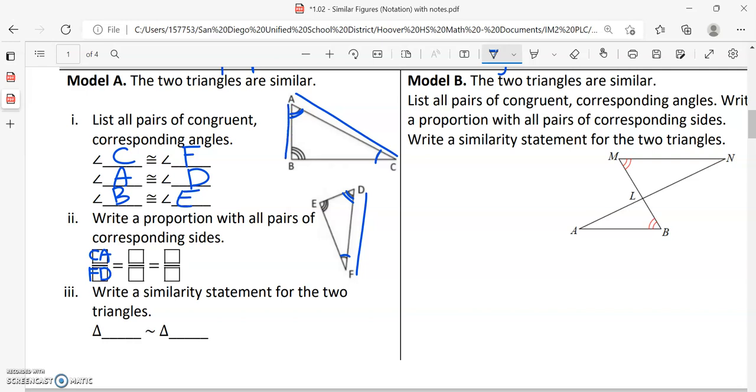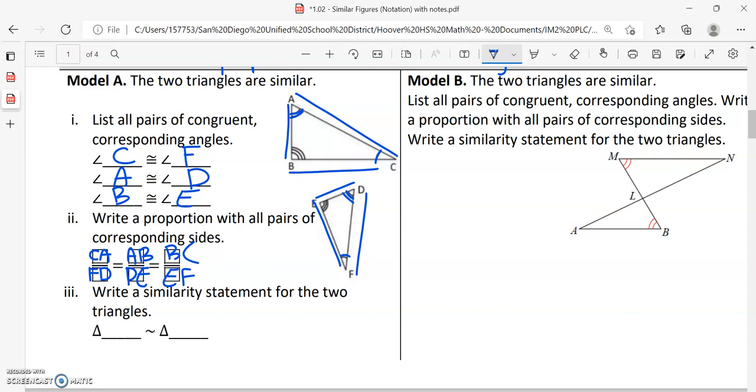From 2 to 3 is AB, and then from 2 to 3 in this triangle is D to E. And then we have the last set, B to C, and E to F.